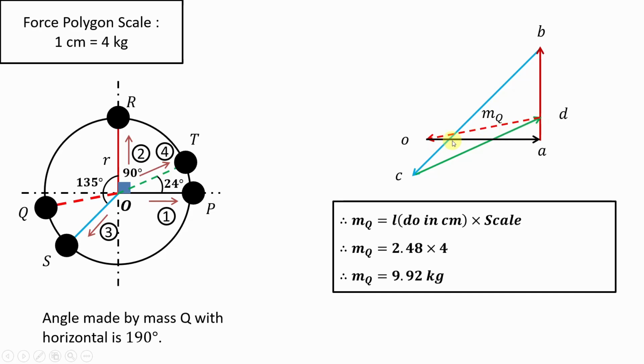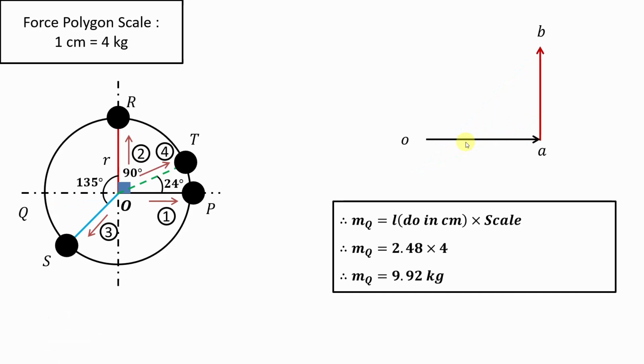Let us once again try to understand how we have drawn this diagram. First draw the first vector radially outward. Forces are radially outward by 2.5 centimeter, representing the centrifugal force on the mass which is there in plane P. Then next one will be for R, 2 centimeter.